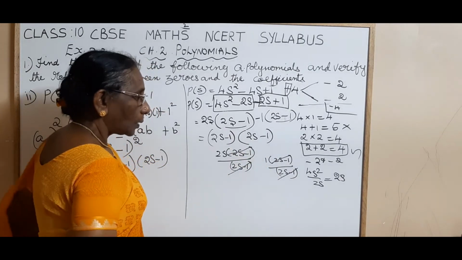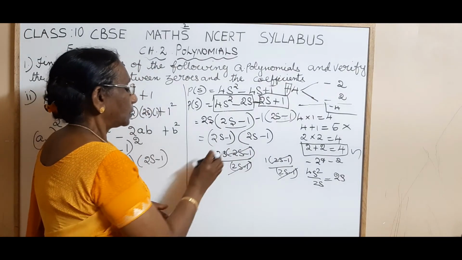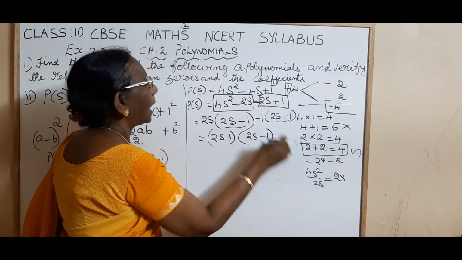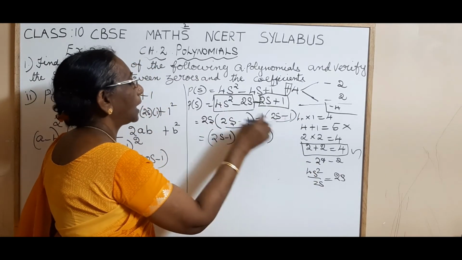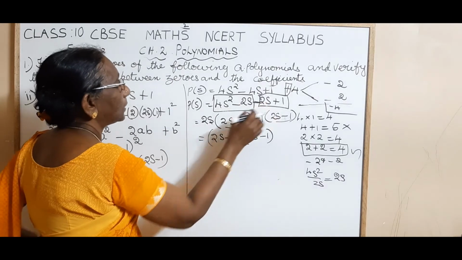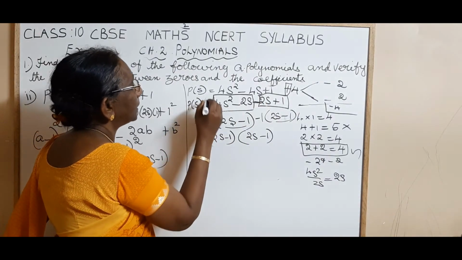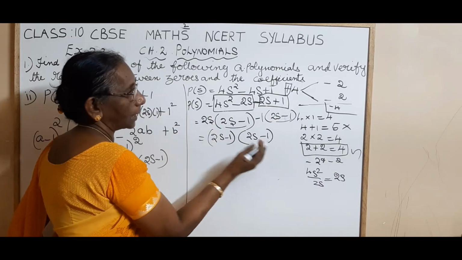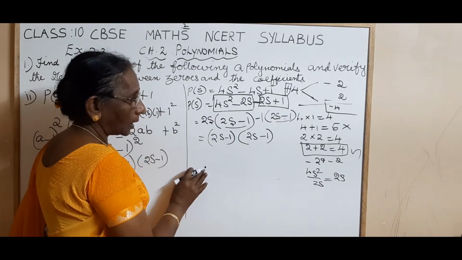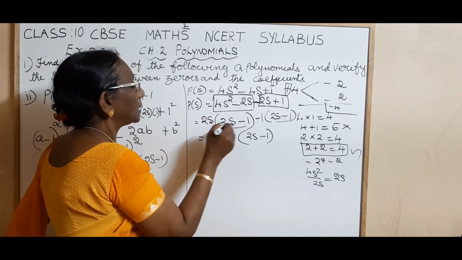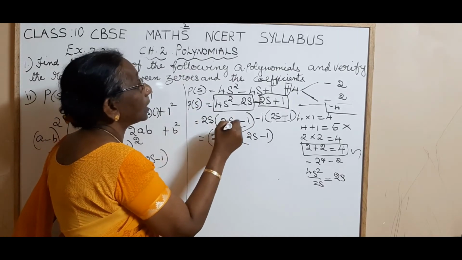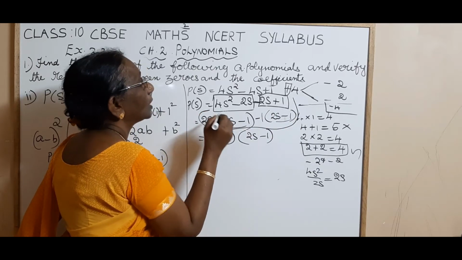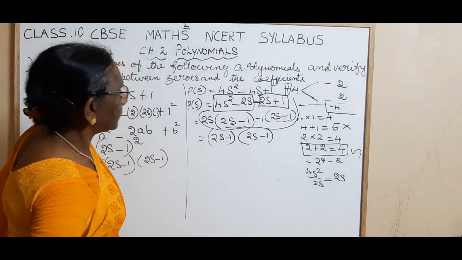Okay children, so try to understand the steps. First step is finding the numbers, the two parts, and then the second step is factorizing. This is the second step, this is the third step, and then this is the fourth step. Now you have factorized. As I told in the previous session, if you are getting confused in these steps, let us follow another short method.